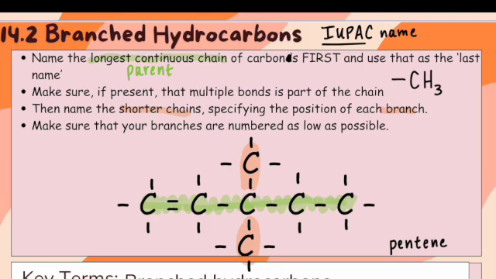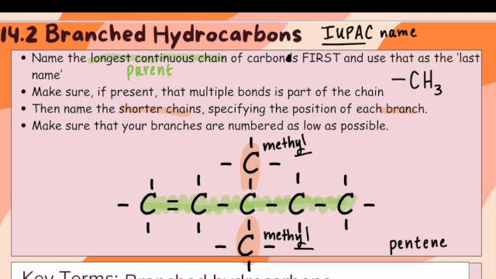Okay, so we call this a methyl group. It's methyl because it's just 1 carbon. And then any group that branches off from our main parent chain gets this ending yl, and we pronounce that, like in this case, methyl for 1 carbon. So we have 2 methyl groups here.